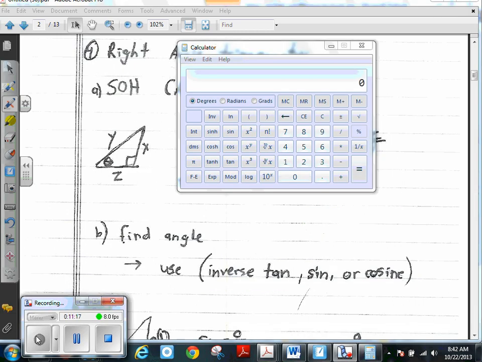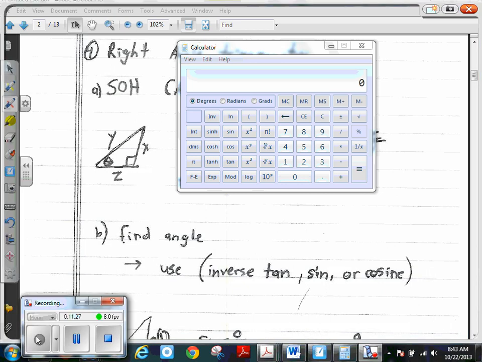So here's an example of a calculator here. And the first thing you want to check for is this. Make sure that your calculator is in degrees and not radians, because we're using degrees as our angle measurements. If we used radians, we'd need to change that. But here's the cosine button, here's the sine button, here's the tangent button.